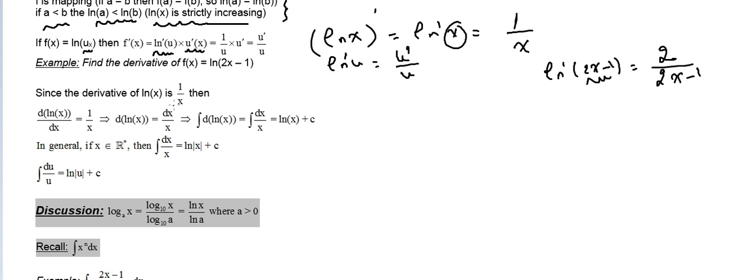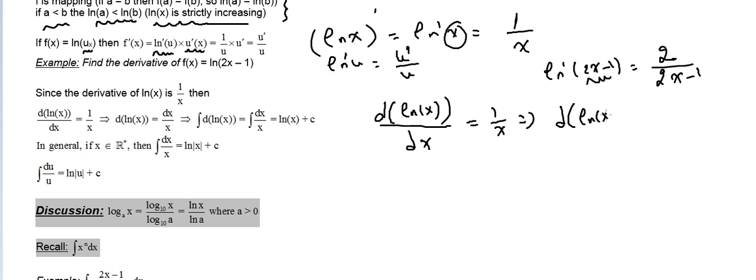Since the derivative of ln x is 1 over x, this means d ln x over dx is equal to 1 over x. If we cross-multiply here, we get d of ln x equal to dx over x.